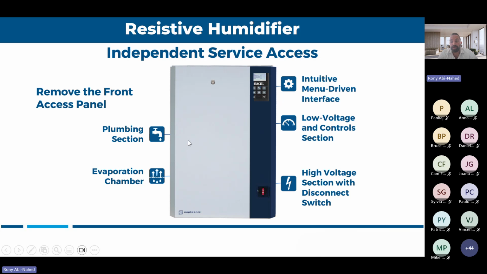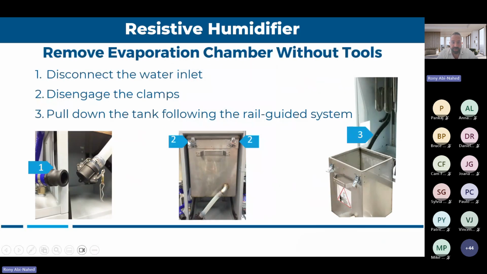The second option you have is the resistive application. This means you have, as you can see here, a heating element that's heating the water to get the steam out of it. And as you can see, most of the products, when you go with resistive, it's not a plastic cylinder that you throw out. It's a stainless steel tank that you need to clean. The big difference here is that you can use any type of water because you are using your heating element to boil steam.